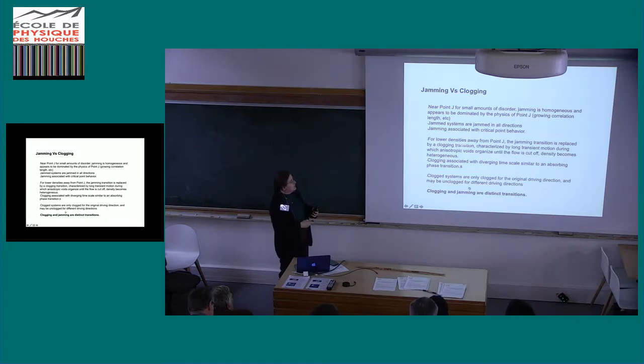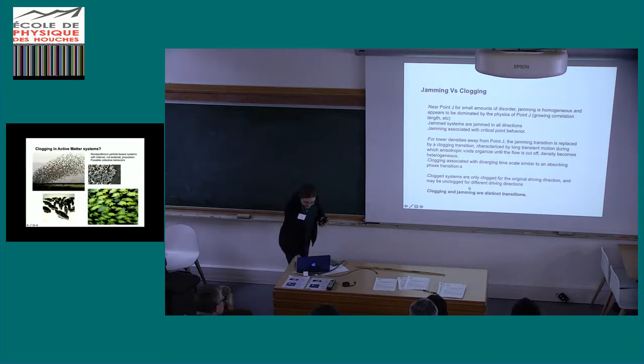In distinction, this clogging transition is extremely heterogeneous when you form the clogged state. It has a long transient time, and so it's associated with a diverging time scale. That makes it look similar to a non-equilibrium phase transition, or in this case, an absorbing phase transition. So our idea is that these clogging and jamming transitions are actually quite distinct. They're fundamentally different for the two types of systems.